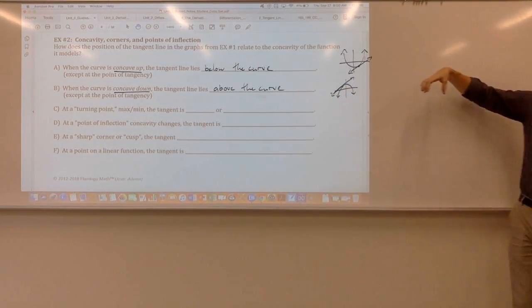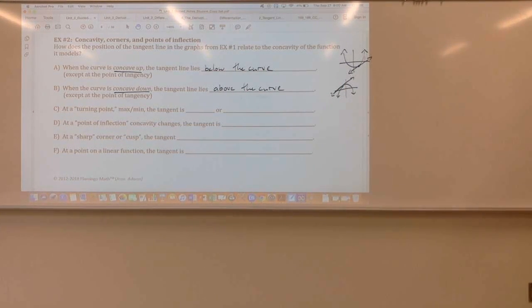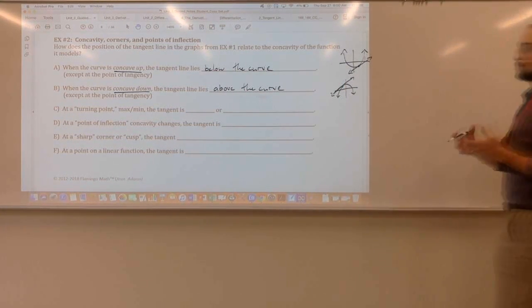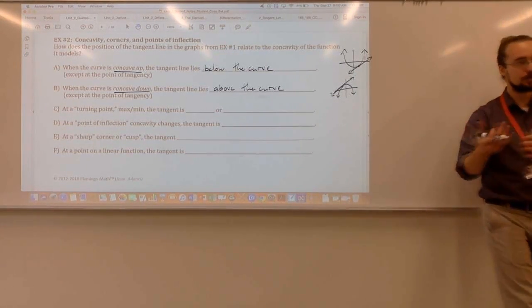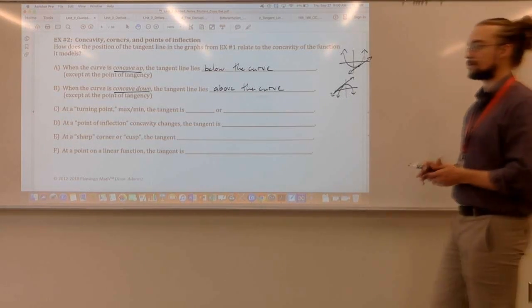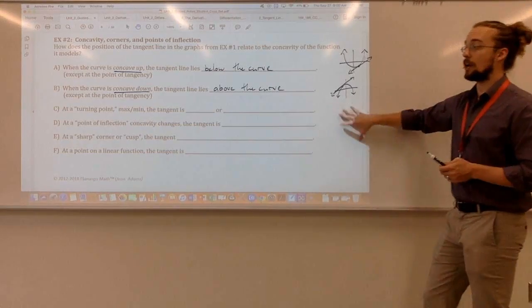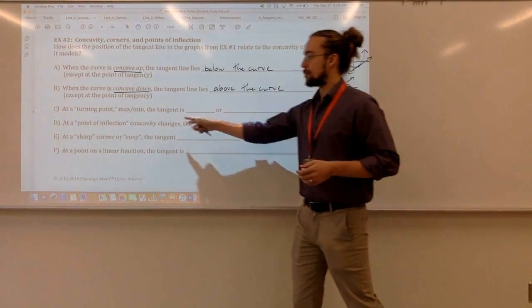In this case, my entire graph is concave down. In some situations, curves can be concave up on one interval and concave down on another. The concavity can change on certain curves, and we'll get into that a lot in the next chapter. This is just an introduction to these terms.